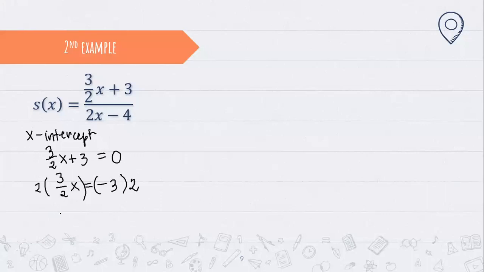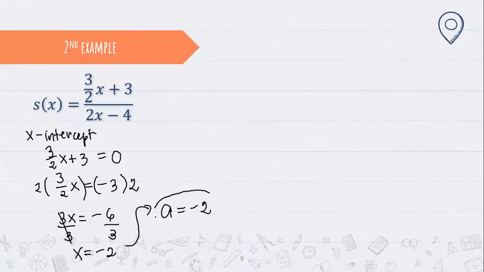So we have 3x is equal to negative 6. Divide both sides by 3. Cancel si 3. X is equal to negative 2. So therefore, our x-intercept is equal to negative 2.